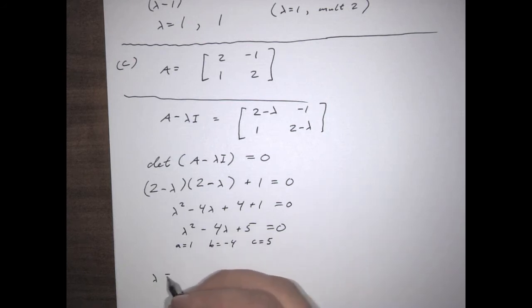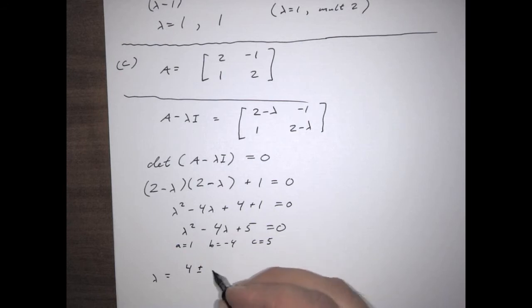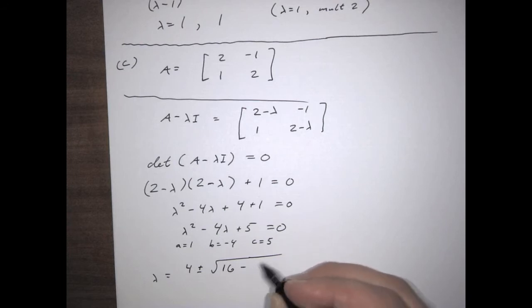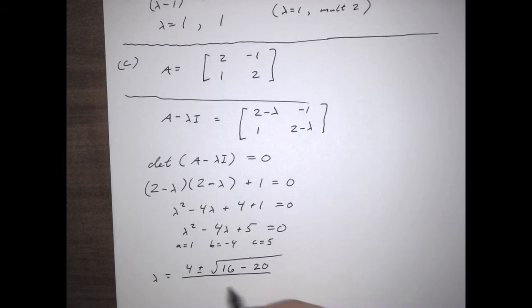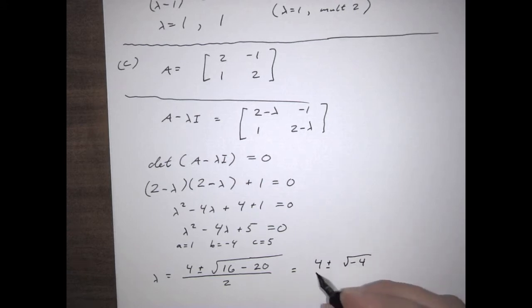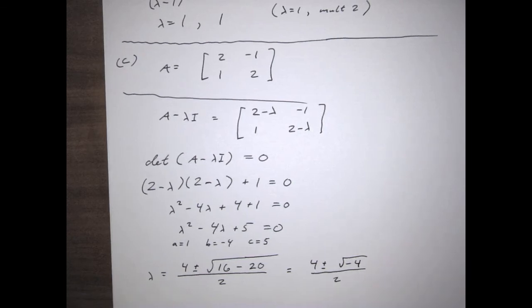and that's going to give us lambda equals negative b plus or minus the square root of b squared, which is 16, minus 4ac, which is minus 20, divided by 2a. So this is going to be 4 plus or minus the square root of negative 4, all divided by 2.